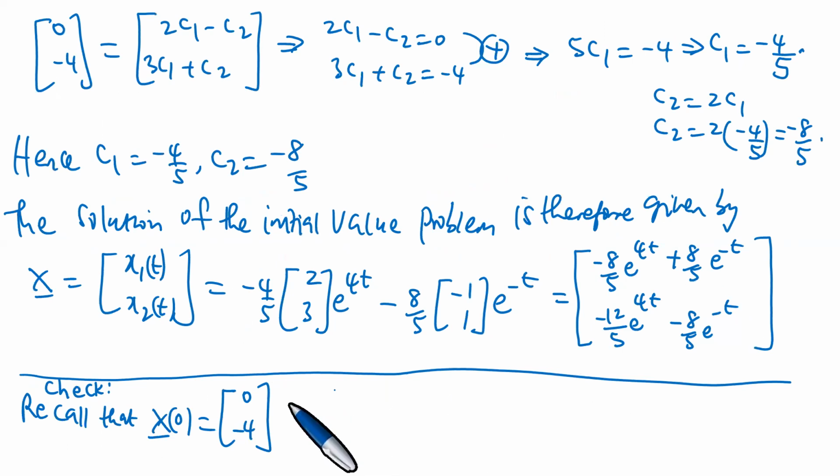So if you do the x0, then you're going to have minus 8 out of 5. Okay, if t is 0, then this is just 1. Plus 8 over 5. If t is 0, it's e to the minus 0, 1. Okay, you come to the bottom, same. Minus 8 over 5.